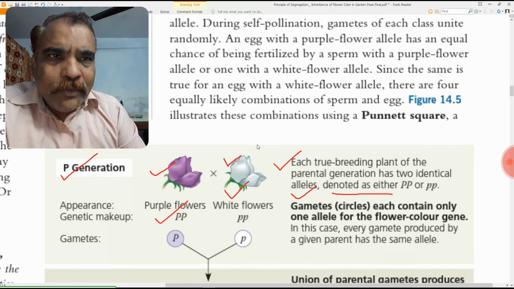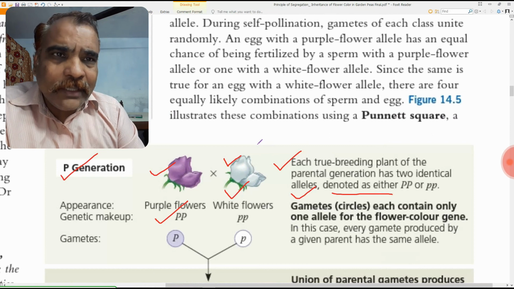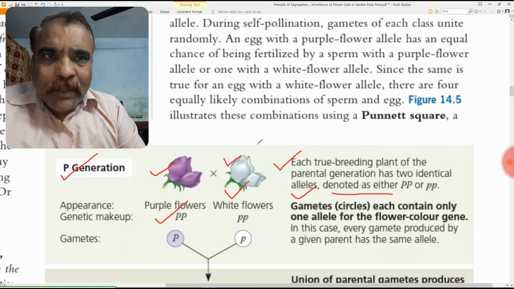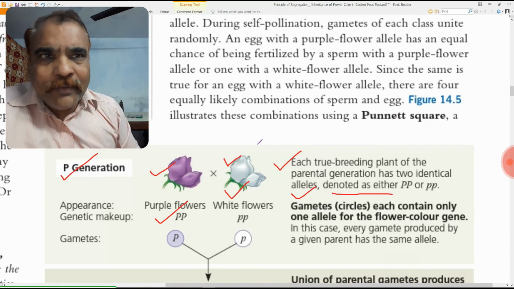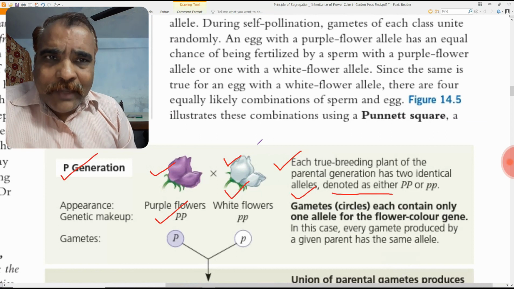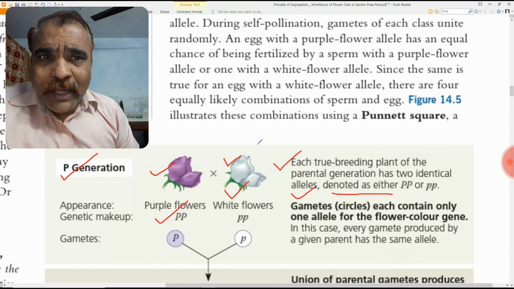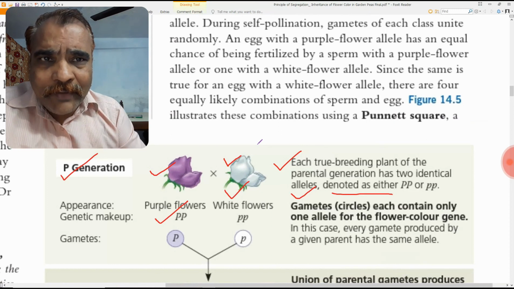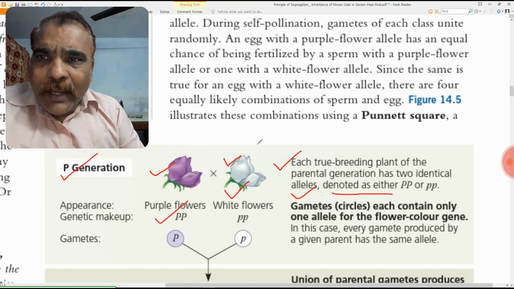Due to the law of segregation, as meiosis takes place for gamete formation, only half the number of chromosomes, only one set of chromosomes, is transferred into the gamete. So gametes are haploid because they have only one set of chromosomes, and instead of two, only one allele is present.